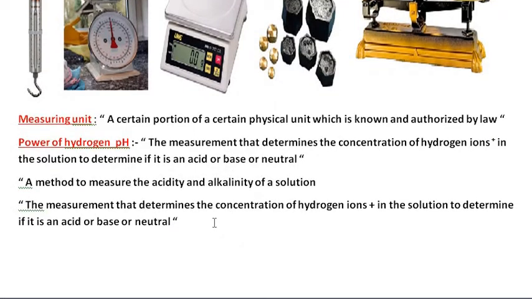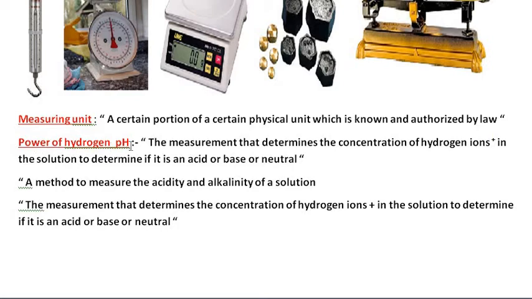Also, if you have a solution and you don't know if this solution is an acidic solution, alkaline solution, or basic solution, you use an instrument called the pH meter, and pH stands for power of hydrogen.